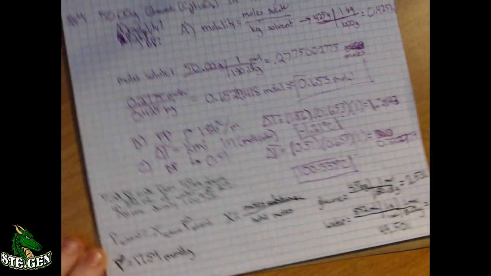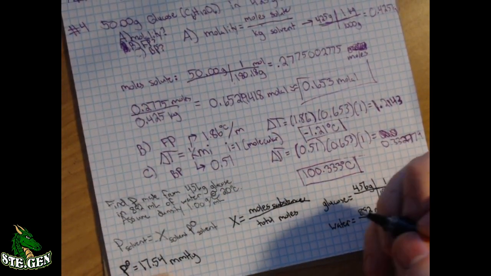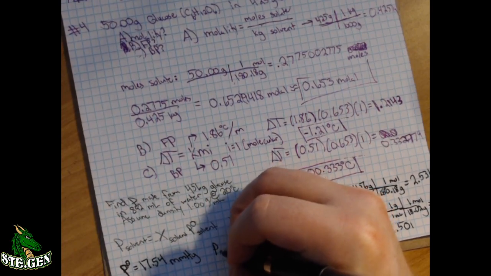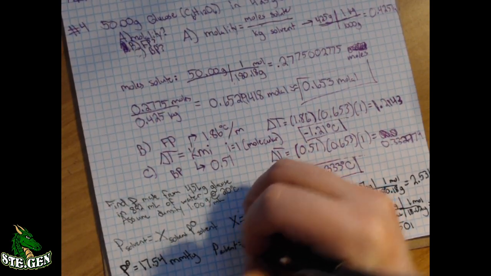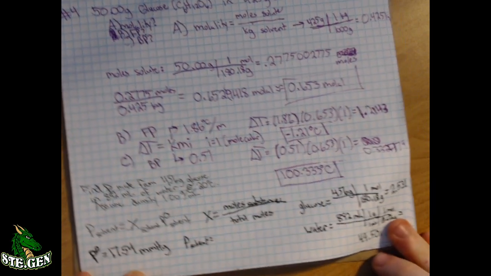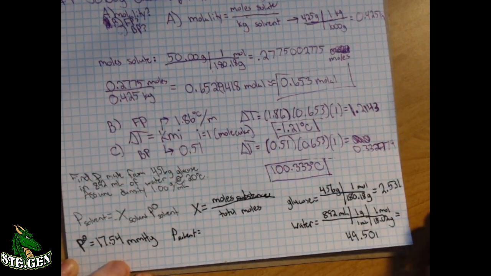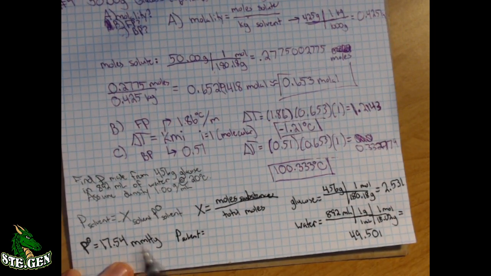Okay, and now we have all we need. So our pressure of our solvent is equal to the mole fraction of our solvent times the initial pressure. Remember, we want the mole fraction of the solvent in this case.